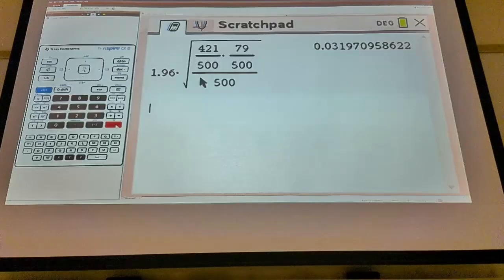So it's 0.032, but I'm going to add a 0 on it as well.